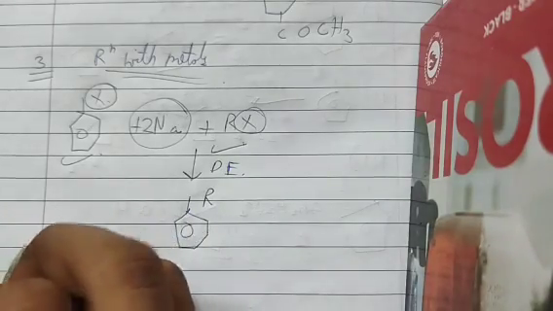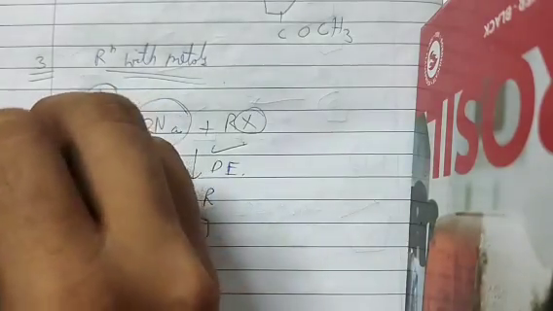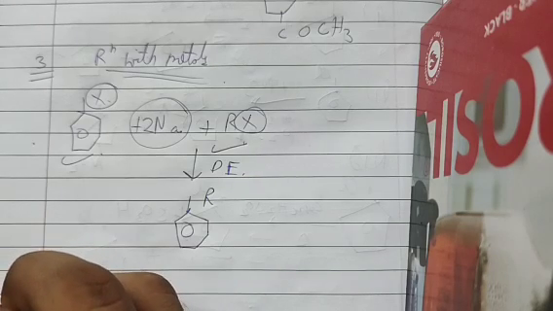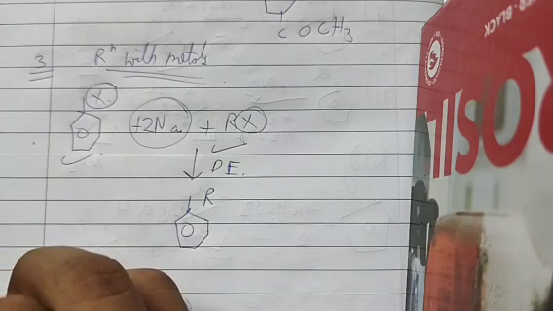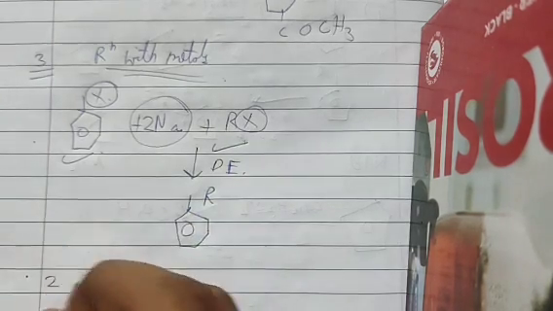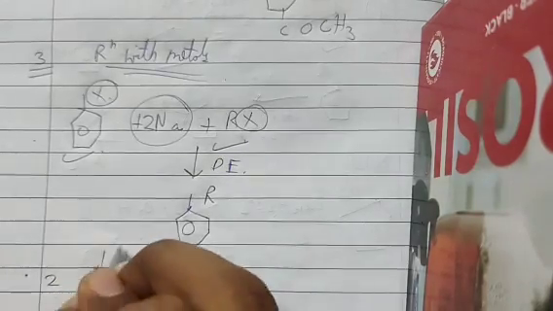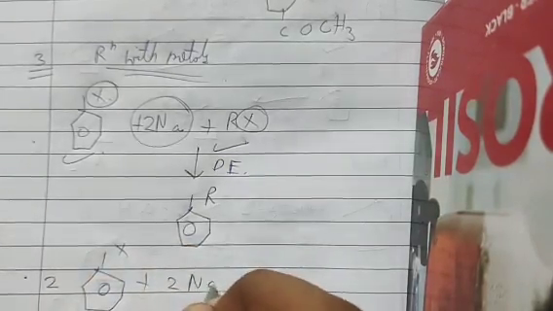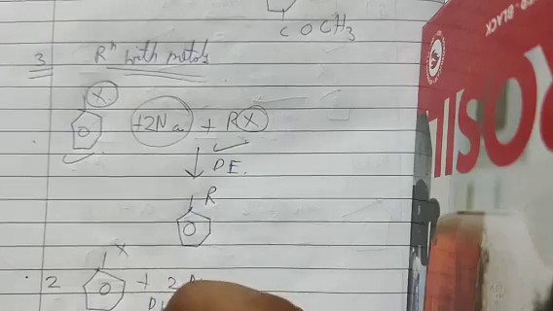Alright, so that was the Wurtz-Fittig reaction. Now I am going to study the Fittig reaction. What is the Fittig reaction? Aryl halide will give me an analogous compound. I am having 2 haloarene and 2 sodium, which I am taking in dry ether.